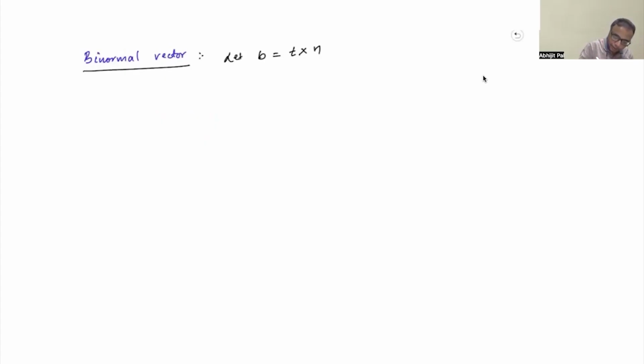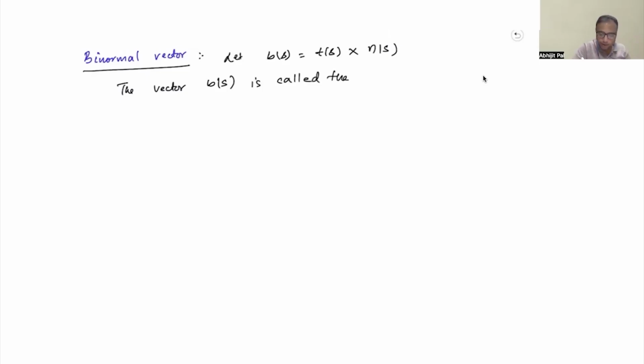So the vector B(s) equals T(s) cross N(s). So the vector B(s) is called the binormal vector.